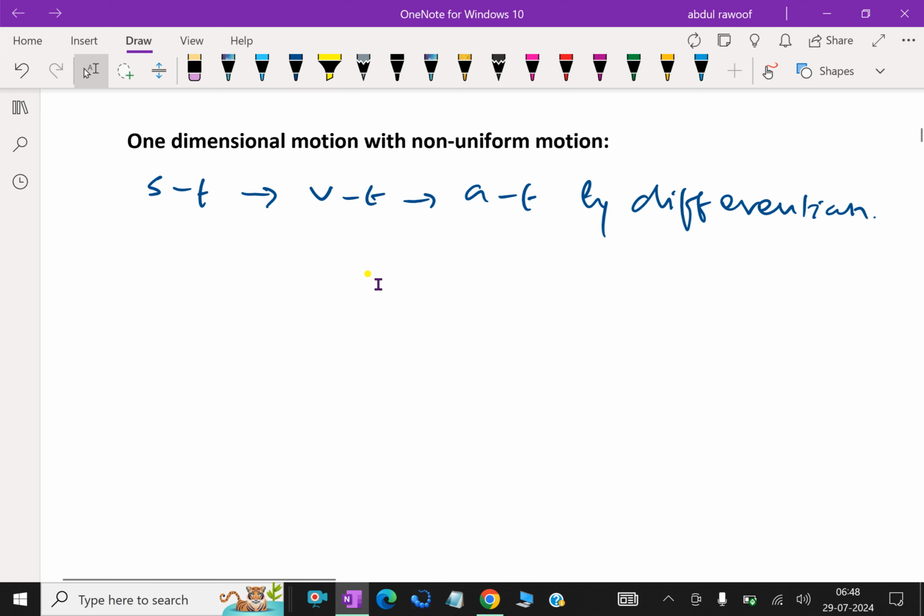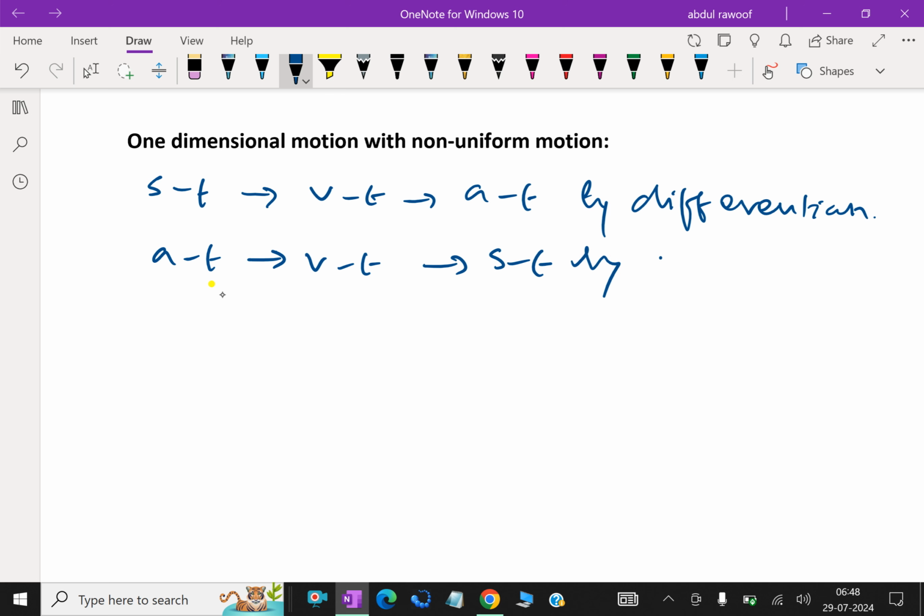In the reverse direction, a-t gives v-t gives s-t, by integration.